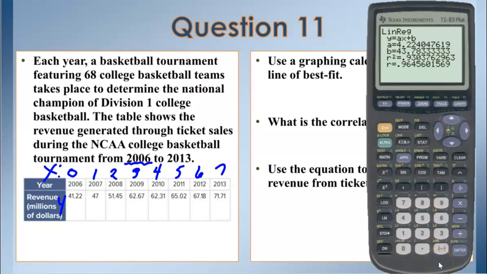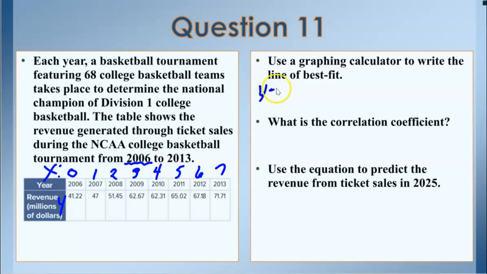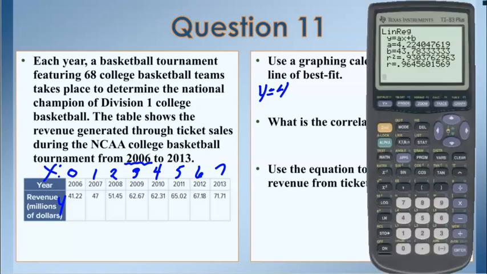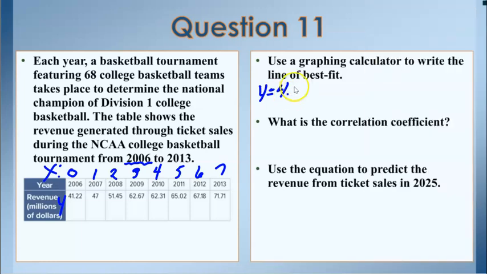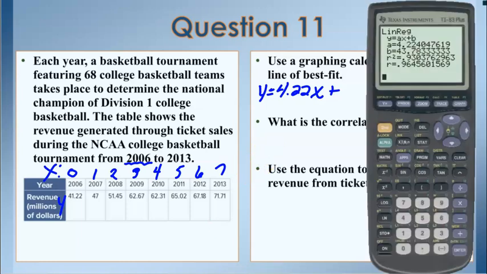We're going to round this to the nearest hundredth for our A and our B. So let me write our equation down. It would be y equals 4.22x plus, and our B, or y-intercept, is 43.78.